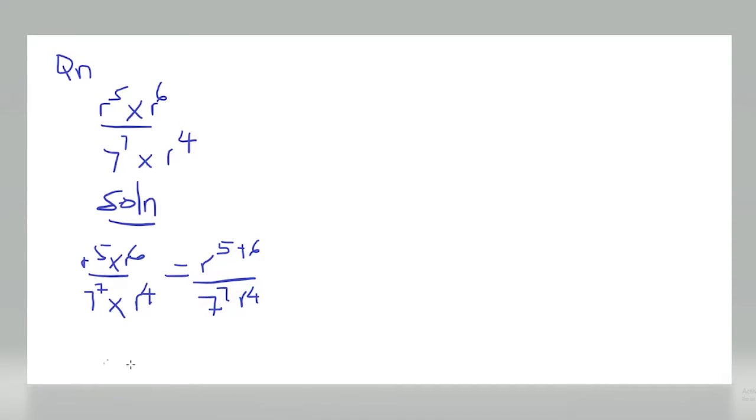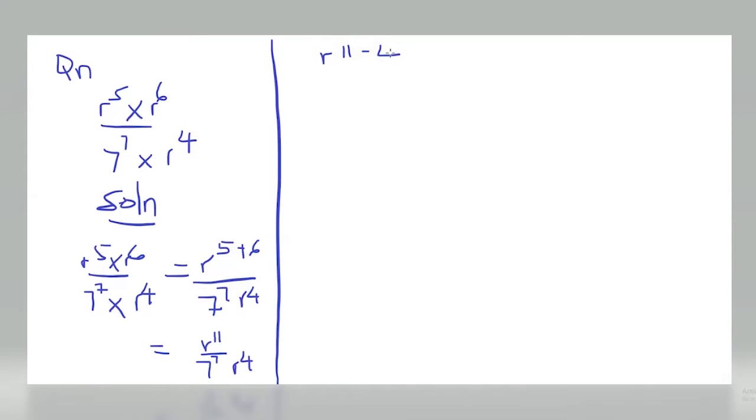Okay, therefore this one can be written also as r power 11 over 7 power 7 over r power 4. Therefore this one also can be written as r power 11 minus 4 according to the law of division of exponents, over 7 power 7.